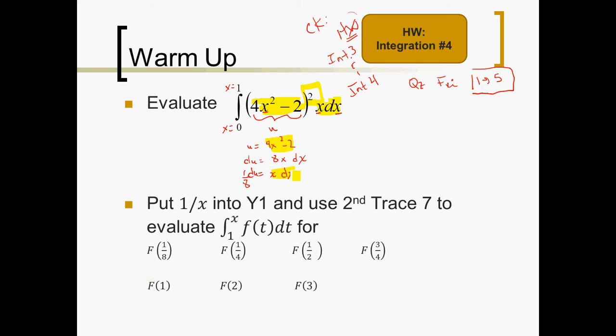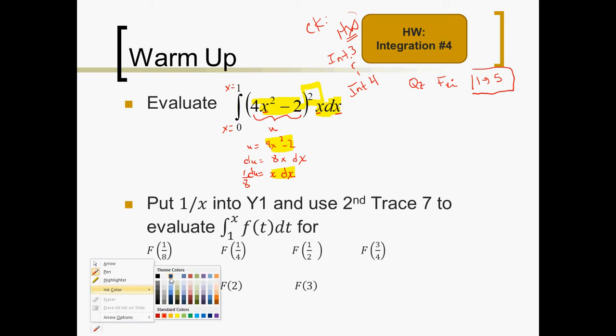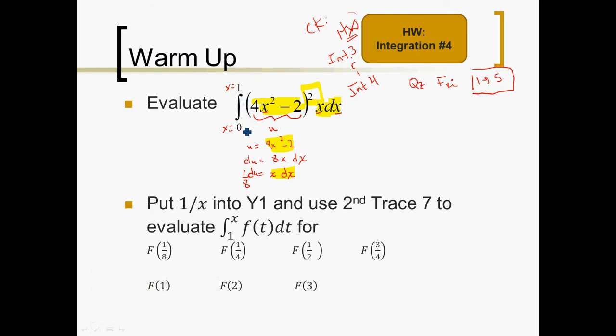And now I have x dx to match right here, and I can directly substitute. So I'm going to copy the integral. I'm going to write down the u, copy the squared, and then substitute x dx, which is 1/8 du.